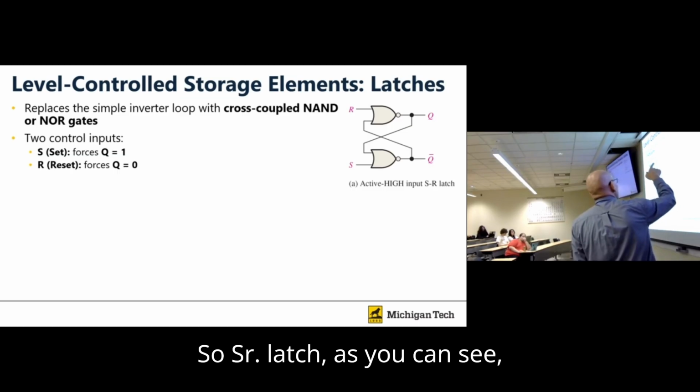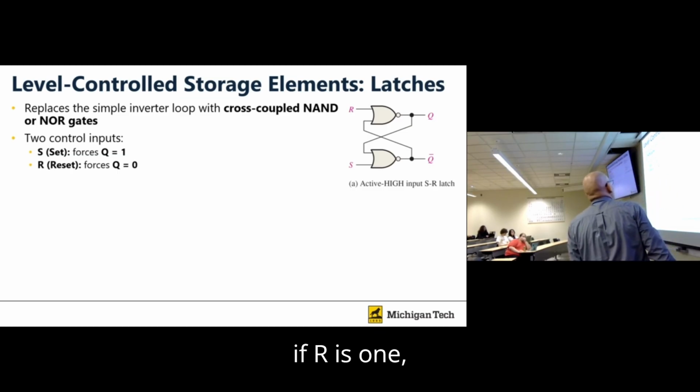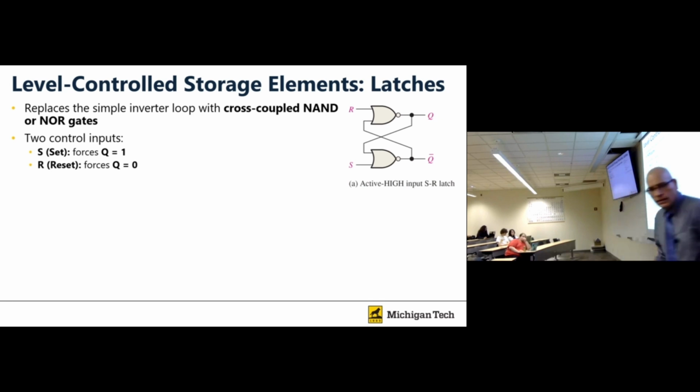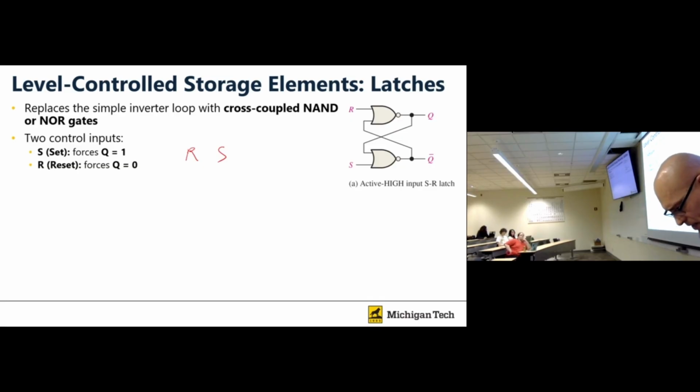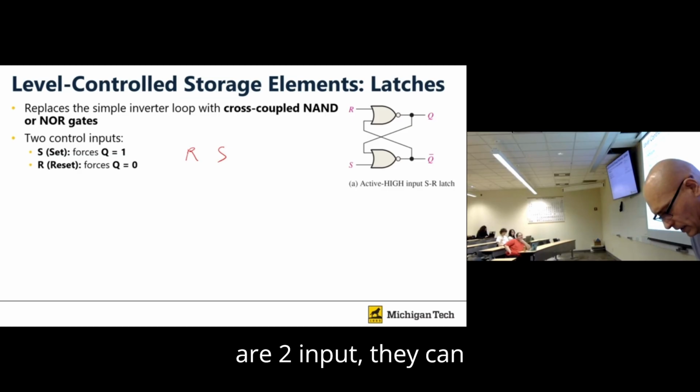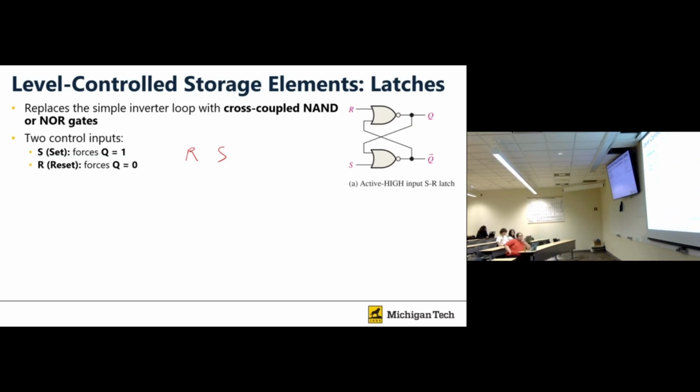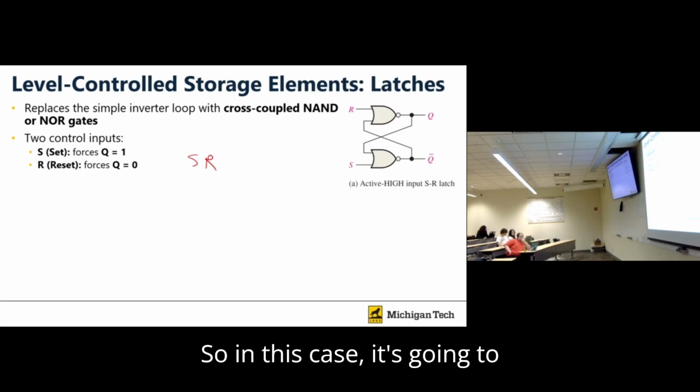So the SR latch, as you can see, is just 2 inputs, R and S. So in this case, it's going to be 0, 0, for example.